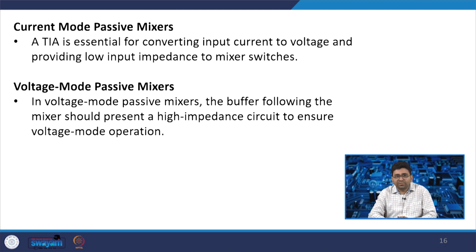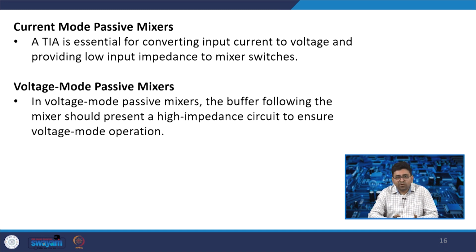There are two kinds of passive mixer: one is a current mode passive mixer and the other is a voltage mode passive mixer. In the current mode passive mixer, a transimpedance amplifier is essential for converting the input current to voltage and providing a low input impedance to the mixer switches.